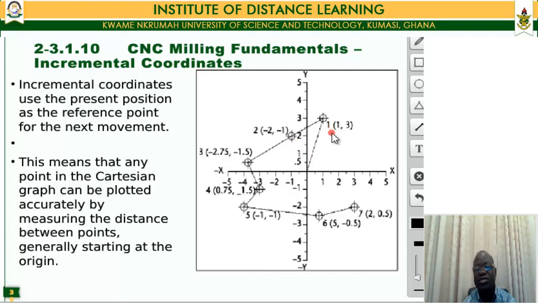You move from 1 and then you went through -1. So your actual movement is actually 2 units in the negative direction for the x. And then you notice that you have 3 and then you drop to 2. And so your relative movement in the z or y direction is 1 unit in the negative y direction, which gives you -1. So then the relative coordinate of this point is going to be -2, -1.